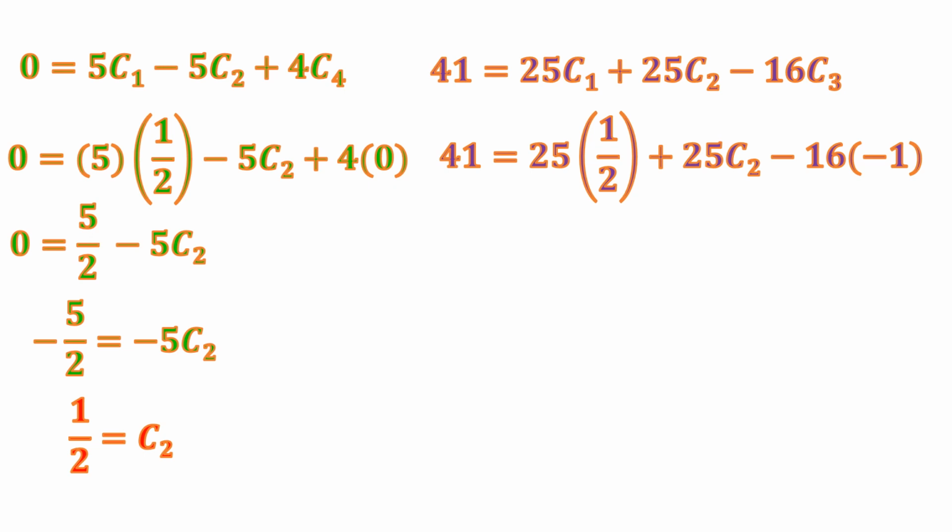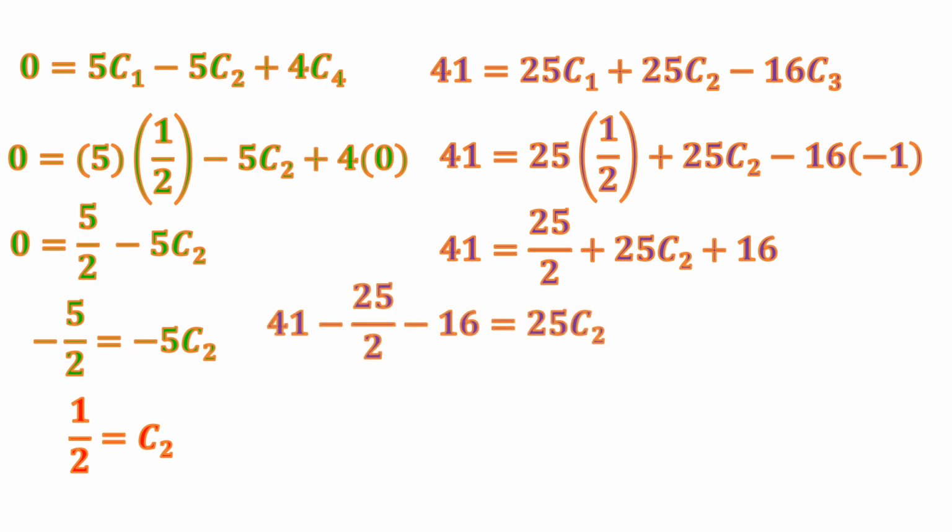So C sub 1 is 1 half and C sub 3 is negative 1. And so 25 times 1 half is 25 halves. Negative 16 times negative 1 is positive 16. Then transpose everything except for the term with the C2 and change signs when you transpose.